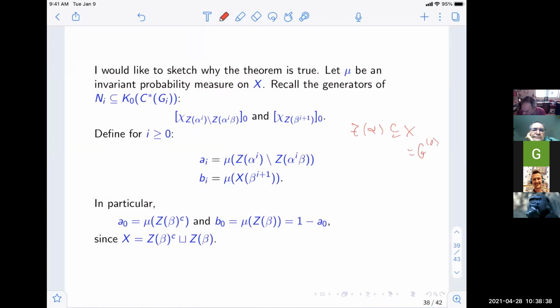It's compact open, so the characteristic function of Z of alpha is a continuous function of compact support on X. So it's a continuous function of compact support on G, so it determines an element of the groupoid C-star algebra. So that's the sense in which I use the chi, the characteristic function.